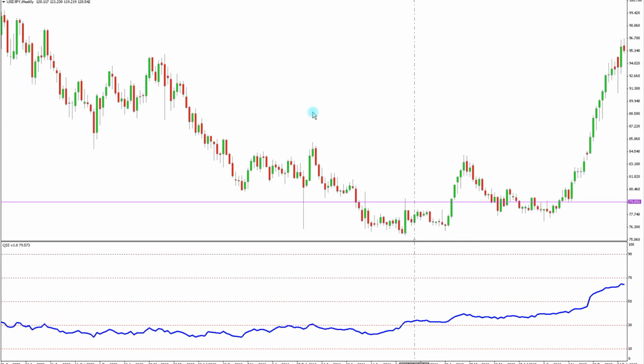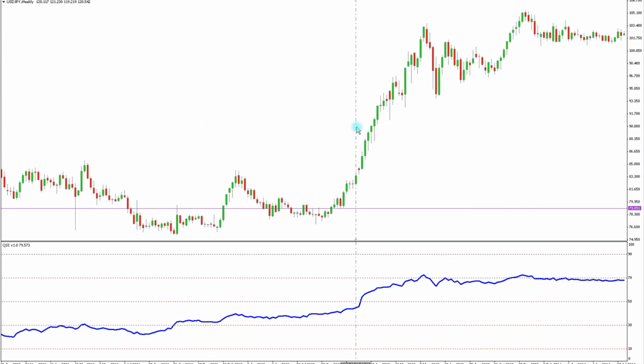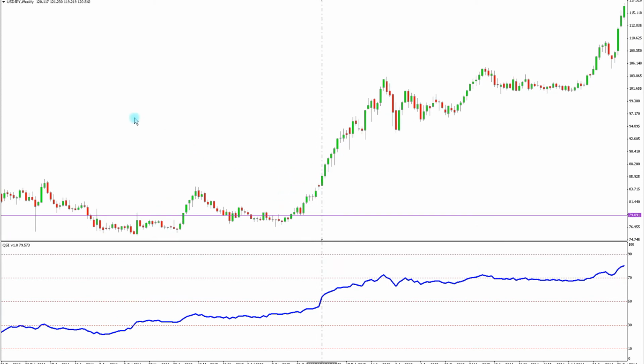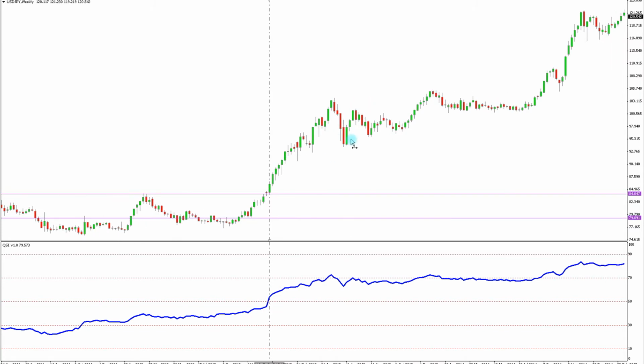Let's have a look at other currency pairs. So the yen, very interestingly, when it started going up, what we find really interesting is that this breakup to the upside corresponds to the switch from below 50 to above 50 in the yen.